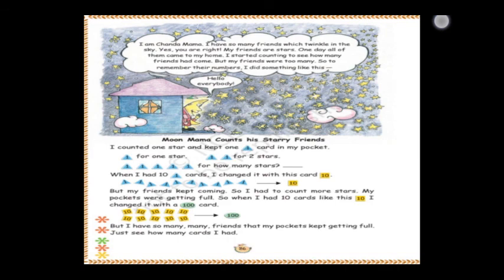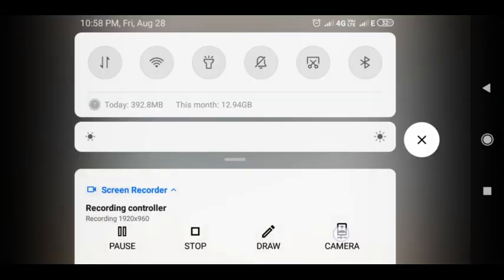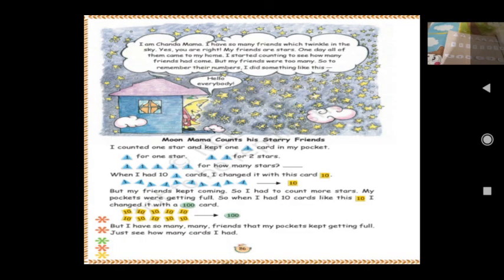Let us see one activity. See here, one star he made as one triangle. Two stars he made as two triangles. Three stars means three triangles. Four stars means four triangles. Five, six, seven, eight, nine stars mean that many triangles. 10 stars means 10 triangles.